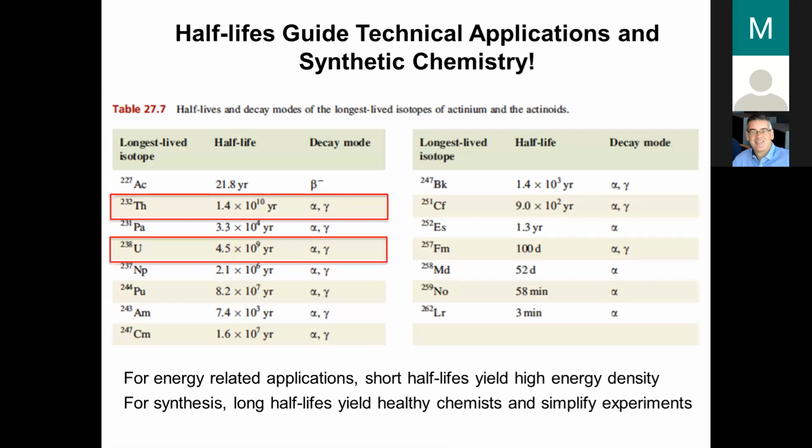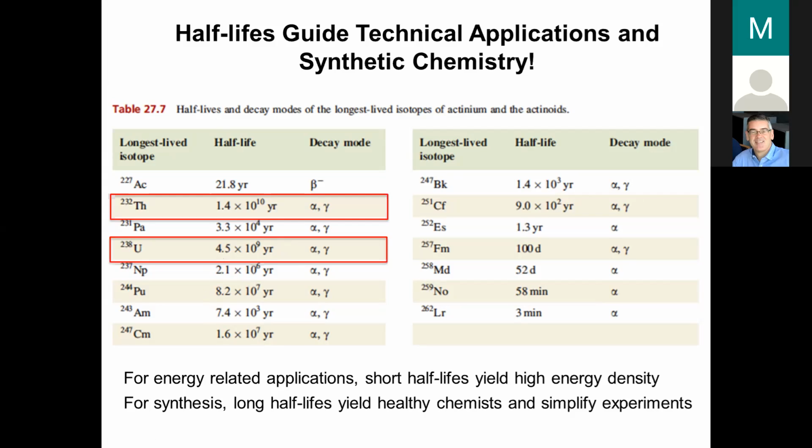While we have previously used these measures to determine whether such isotopes can be used, for example, to produce radiothermal generators, from a synthetic chemist perspective, we do not want a short half-life that gives us a high decay rate. We are more interested in the elements that have a longer half-life, which exposes scientists to lower doses of radiation and simplifies experiments a lot.